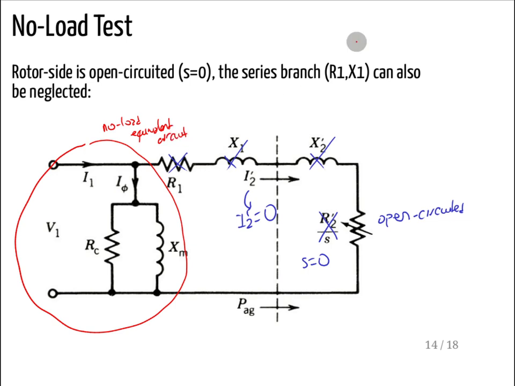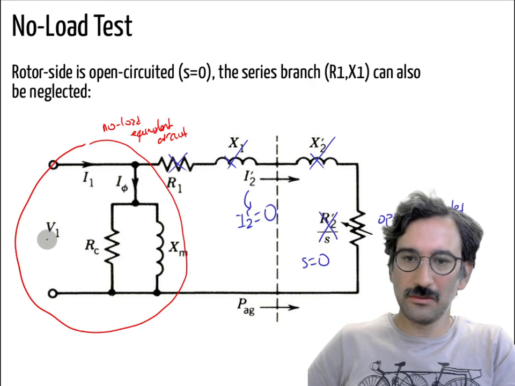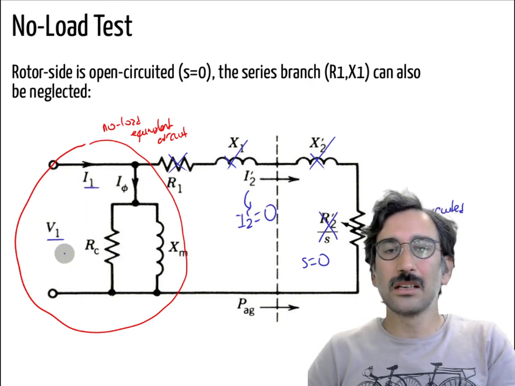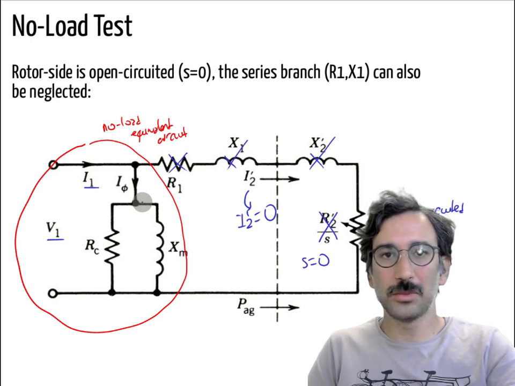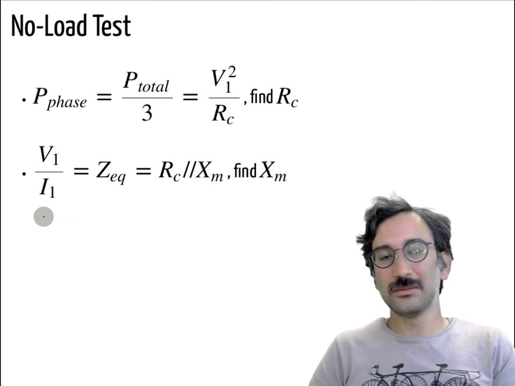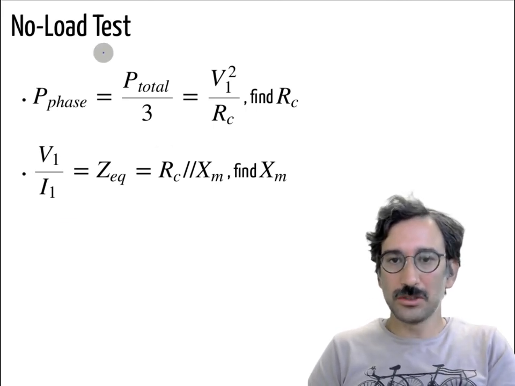In this condition, if you measure V1, I1 and total power again, then you can calculate the equivalent parameters of that parallel branch. Technically it's the same as the transformer open circuit test.